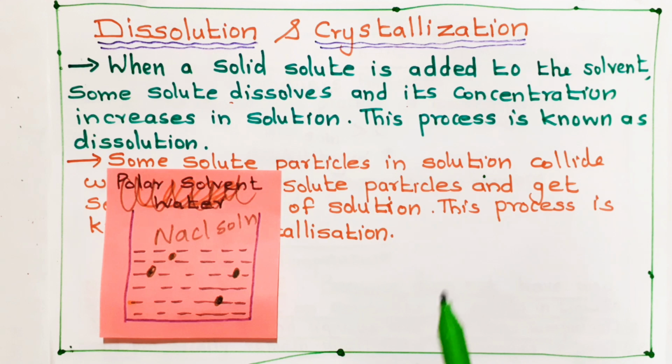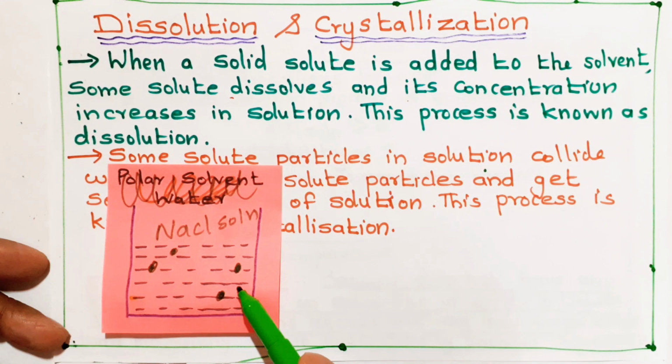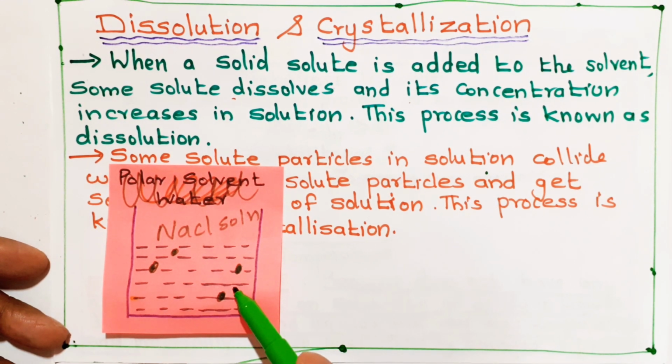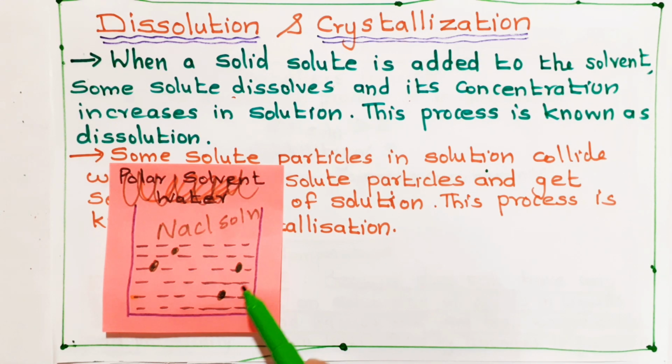So here two processes are happening. How many processes are happening here? Two processes. What is the first process? Crystals are forming, the formation of the crystals. What is the second process? The crystals formed will disappear.